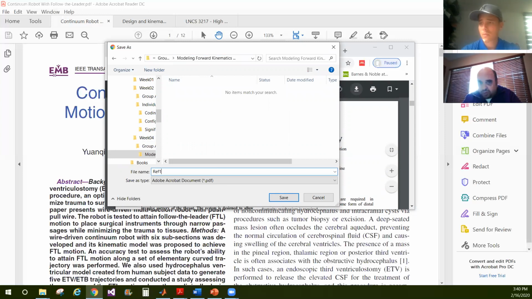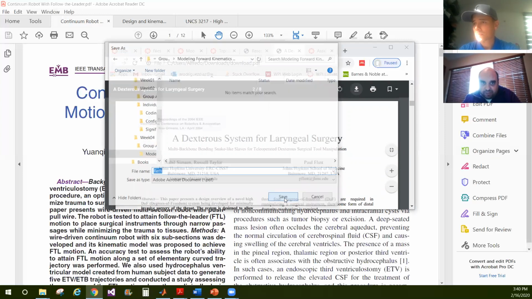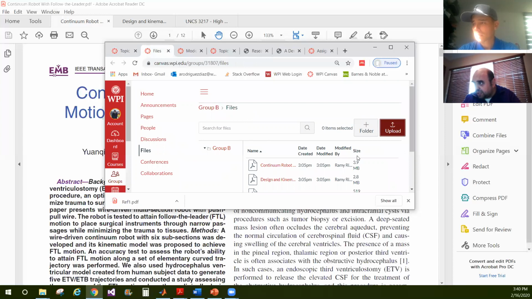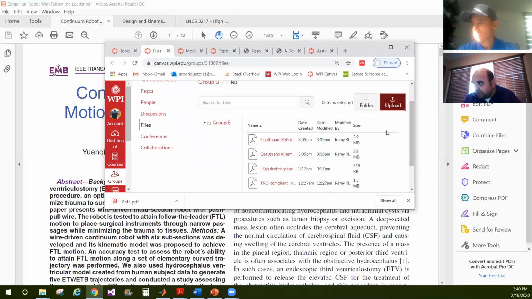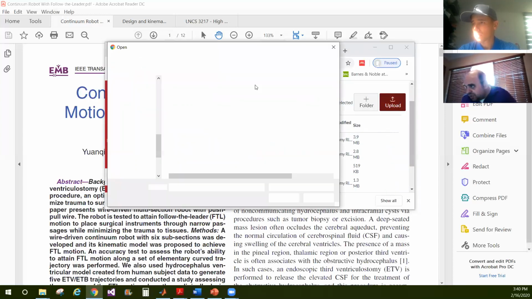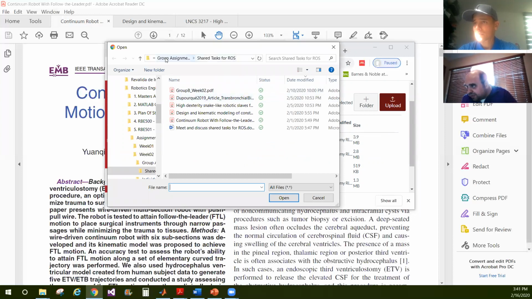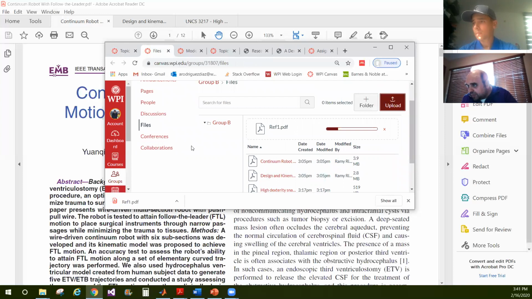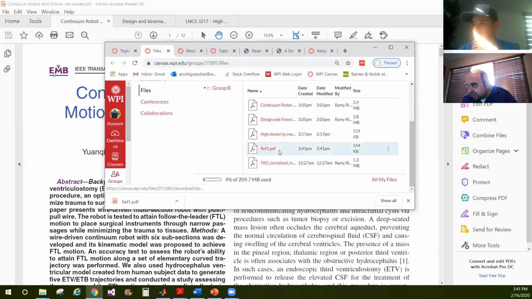Yeah, I opened it too. Are you saving it in the group? Yep, that's what I'm going to do now. Okay, I'm looking for equation 1. Yep, it's there now.